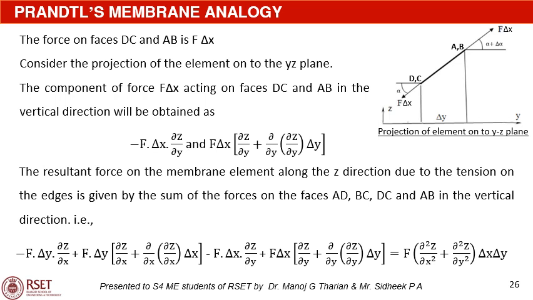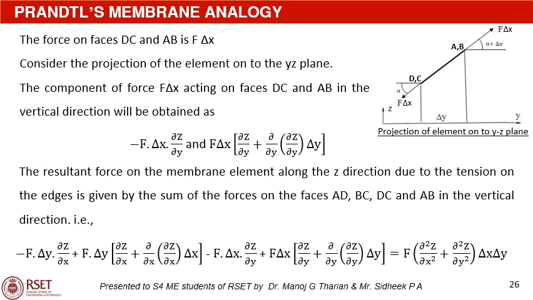As can be seen from the figure, the force F delta x at point D makes an angle alpha with the x-axis, and the force F delta x at point B makes an angle alpha plus delta alpha with the x-axis.